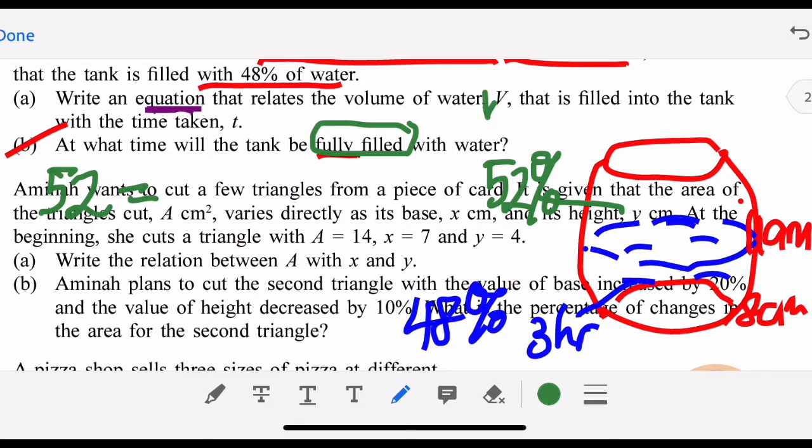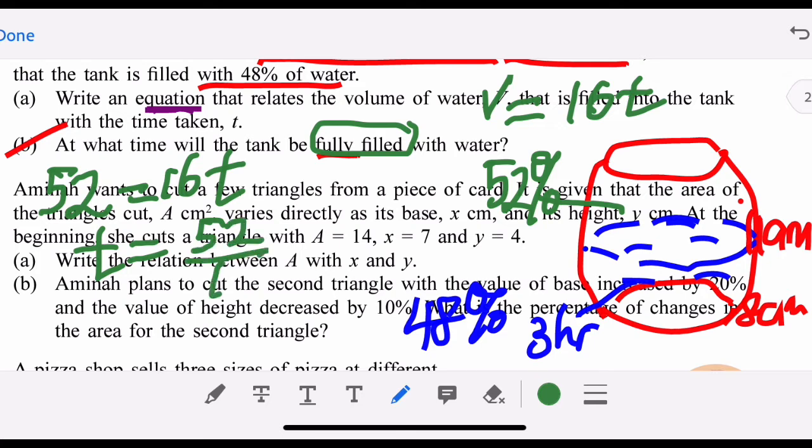So just now the relationship is V equal to 16T. So now 52% is 16T. So we need to find the time taken to fill up another 52%. If you press a calculator, you will get 3 and a quarter hours, right?